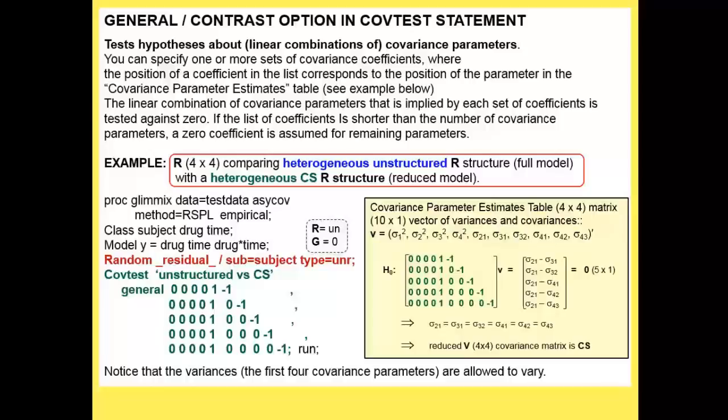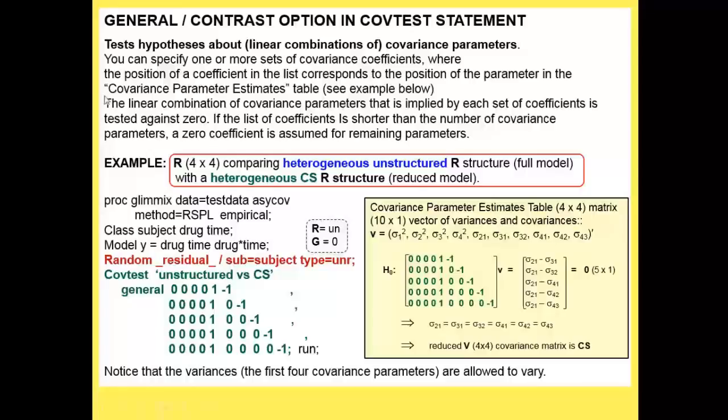Unstructured means that all the covariances are different, right? Compound symmetric means that all the covariances are the same. So this is a way you can do that, okay? And in order to do that, I've got this example here, and I talked about this before, so I'm going to try to do this a little bit again. Did I talk about this last time? I think I did. Okay.